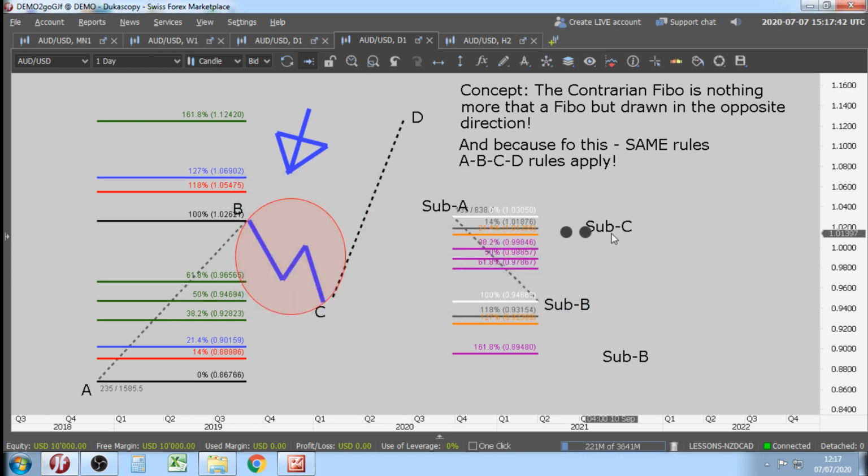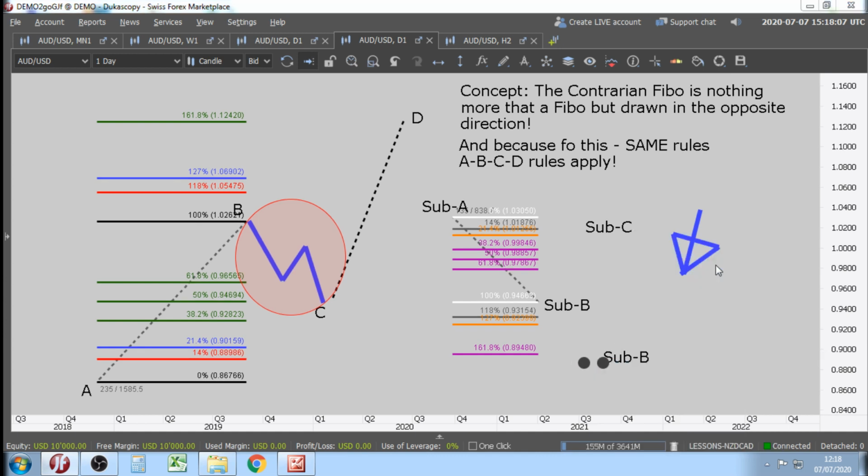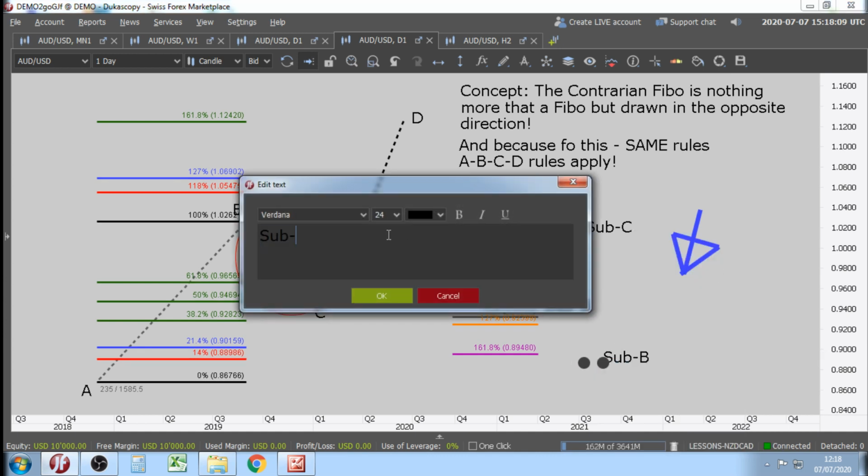Passion, what is the sub C? The same rules apply. This is the sub A, this is the sub B. The sub C is the highest point, not necessarily a high, inside the sub A, sub B boundary before the market hit the appropriate sub D extension.